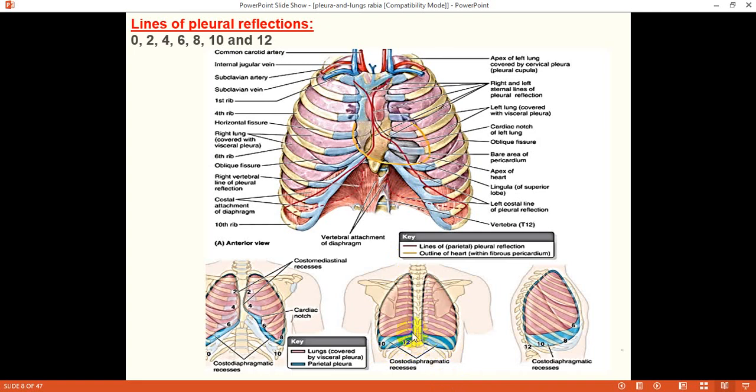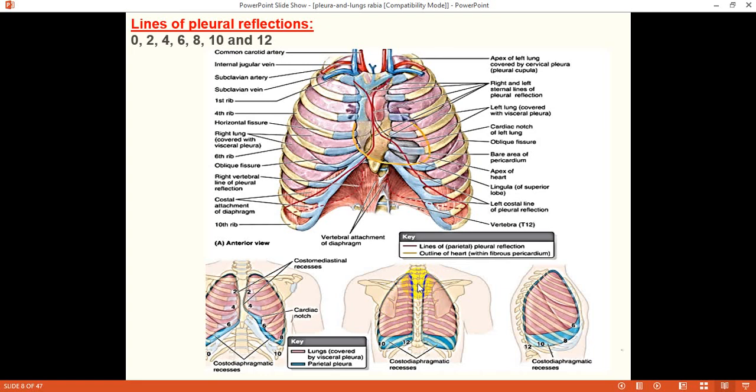Now posteriorly, starting from the cervical part and going down up to the neck of the 12th rib, we can see the vertebral lines of reflection, which are the reflection of parietal pleura just opposite to the visceral pleura lining the posterior border of the lung.